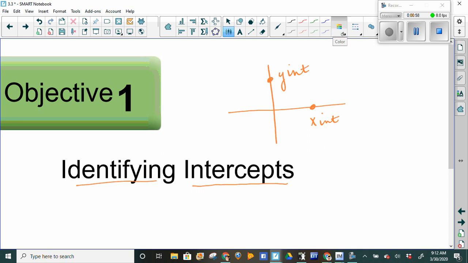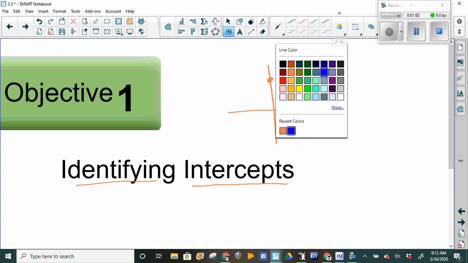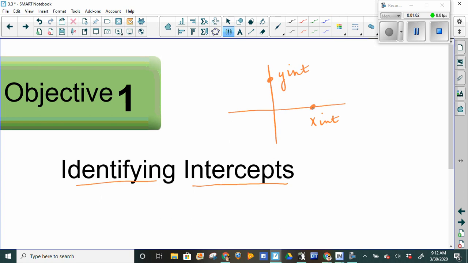Think about where their location is, and when we talk about naming them, if I'm starting at the origin and I go to the x-intercept, I went x units over, but I did not go up or down. And then if you're starting here at the origin and you go to the y-intercept, you did not move left or right, you only went y units.